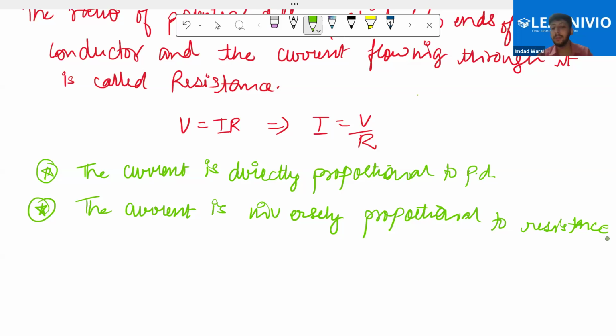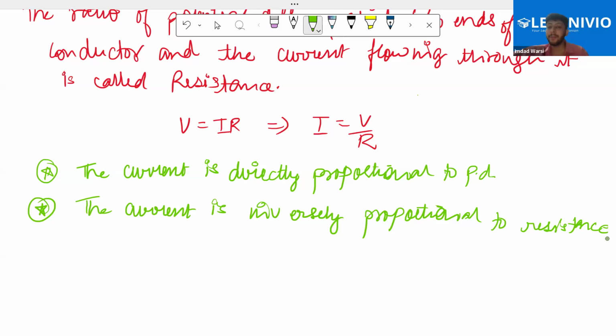Now tell me, if I double the potential difference, what will be the value of the new current? Double. And if I double the current, what will be the change on the resistance? It will become half.